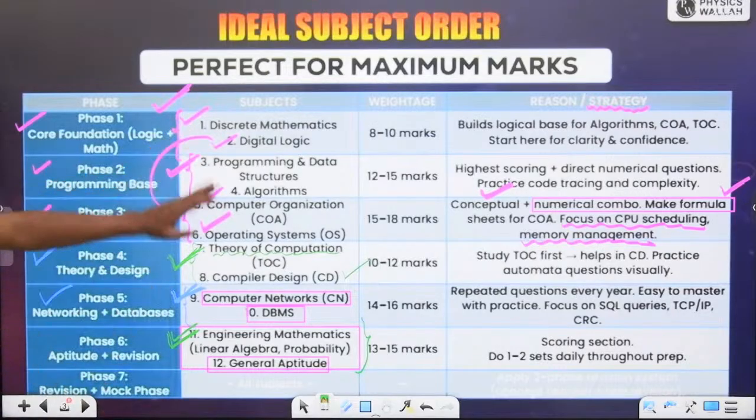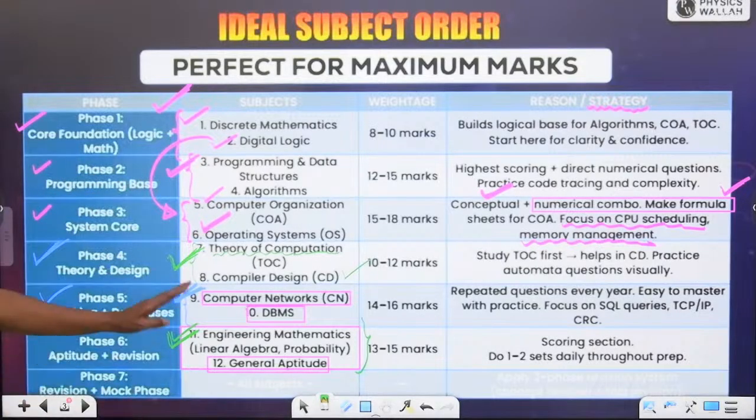So on a daily basis, try to spare 1 hour or 1 hour 15 minutes together for engineering mathematics and aptitude if you want to maximize your score.